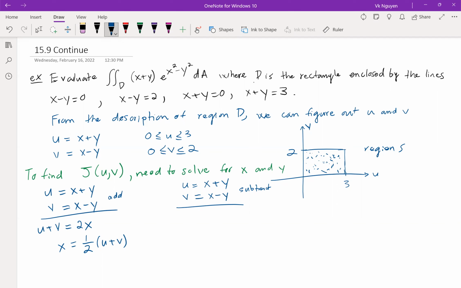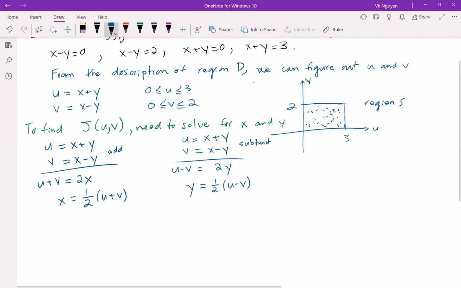It's the same thing. U minus v is equal to 2y, so y is half of u minus v.